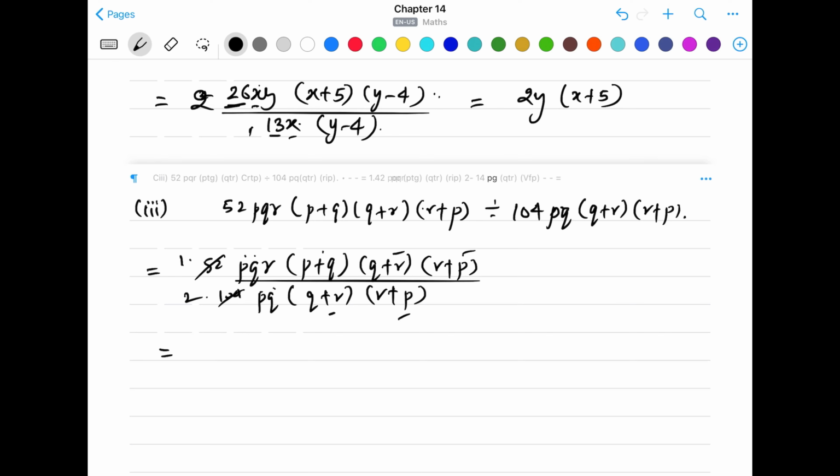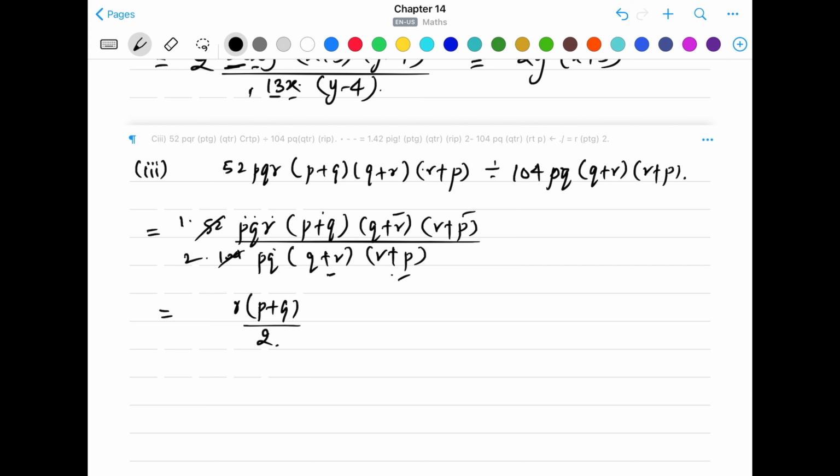And this pq and pq will cancel, so we are only left with this r. So we have r into p plus q divided by 2 only, because q plus r and r plus p will be cancelled out. This pq will also cancel out. This 104 when divided by 52 will give 1 by 2 here. Okay, so that's the answer for this one.